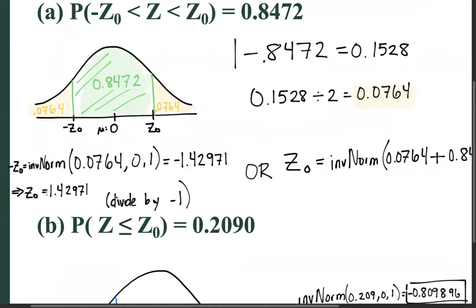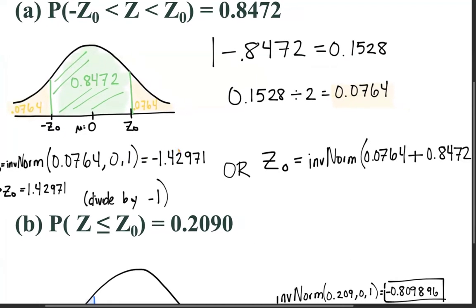So our answer is 1.42971. So that's one way to do it. It's kind of 2 steps, but it's simpler in the way that you only use this value here, the area under the curve from negative infinity to negative z0.